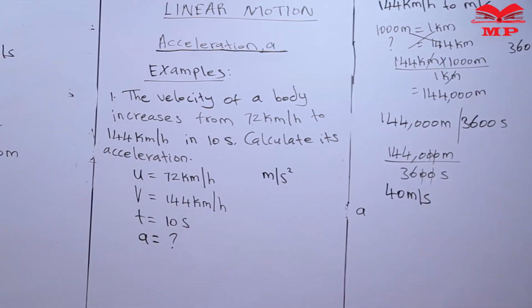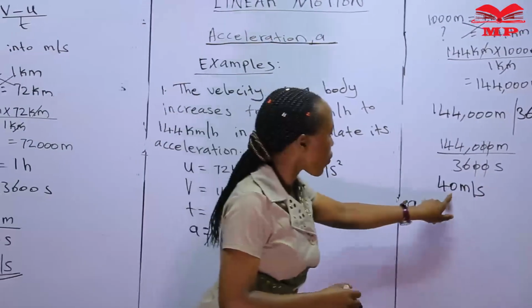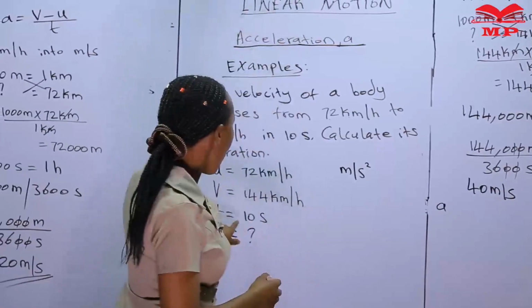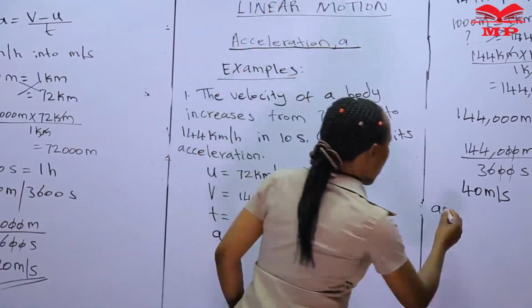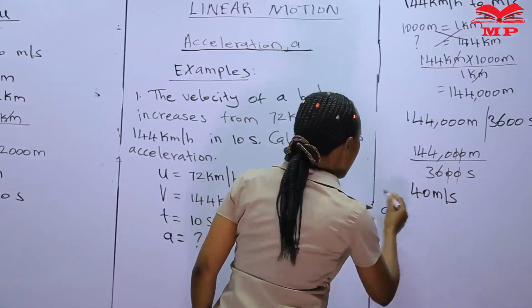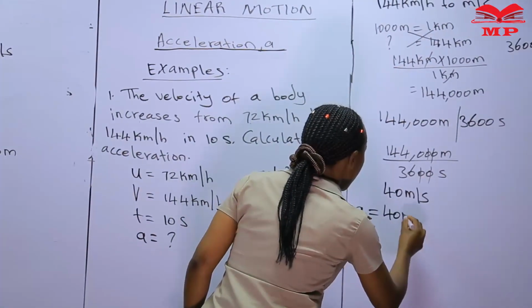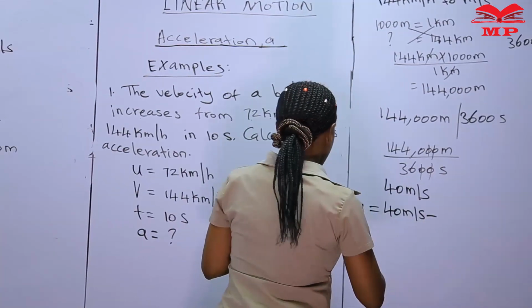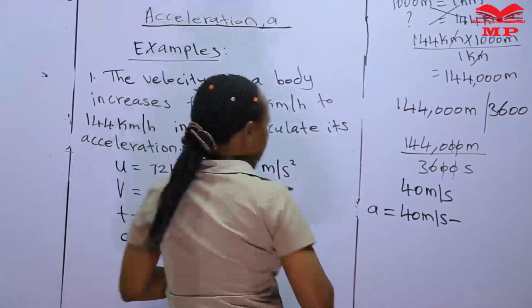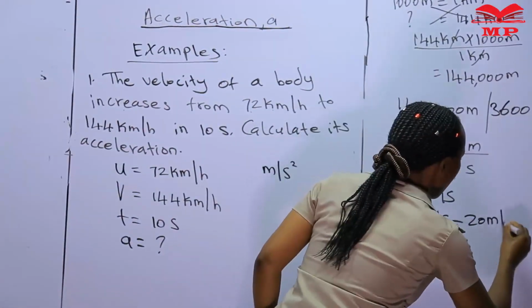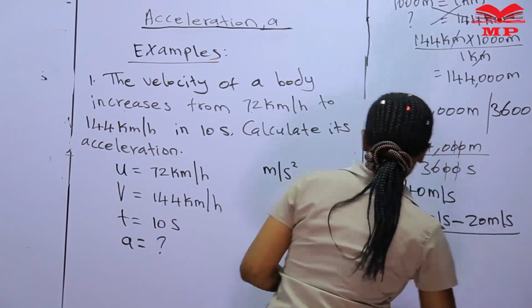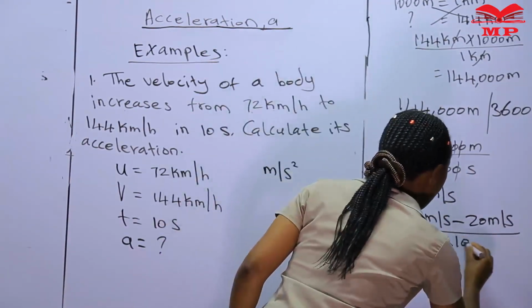And therefore, we can calculate the acceleration because we have the initial velocity, which is 20 meters per second. We have the final velocity, which is 40 meters per second, and we have the time taken. So acceleration is the final velocity, 40 meters per second, minus the initial velocity, 20 meters per second, divided by the time taken, which is 10 seconds.